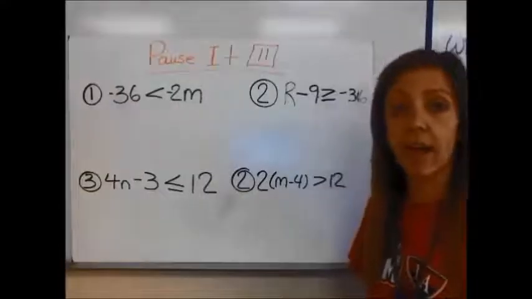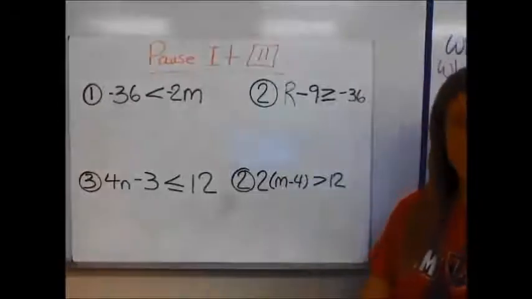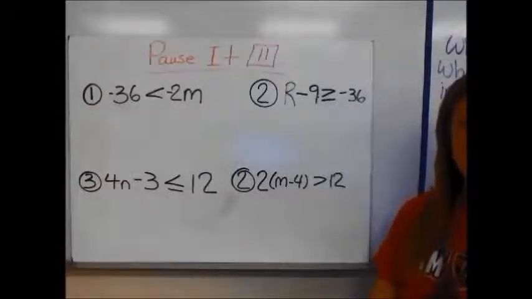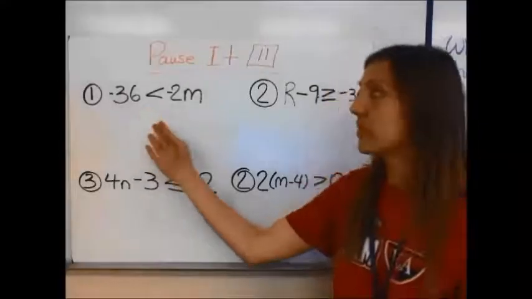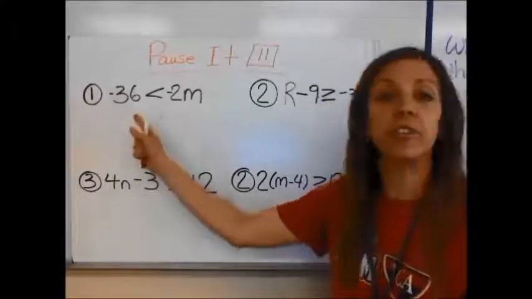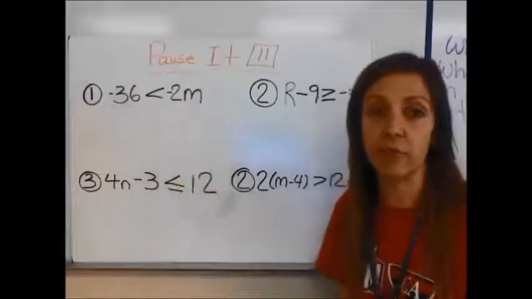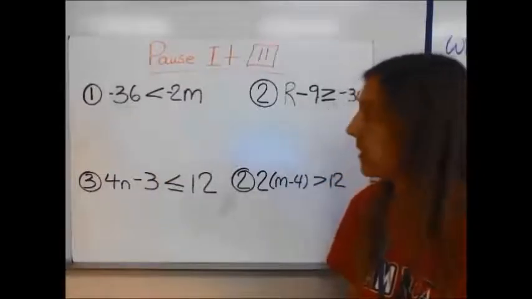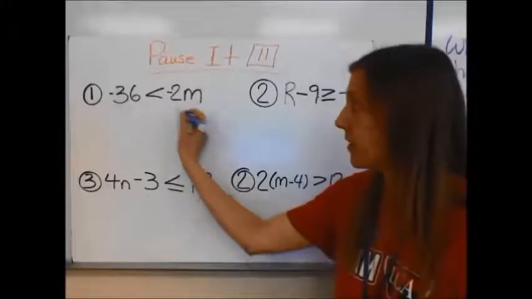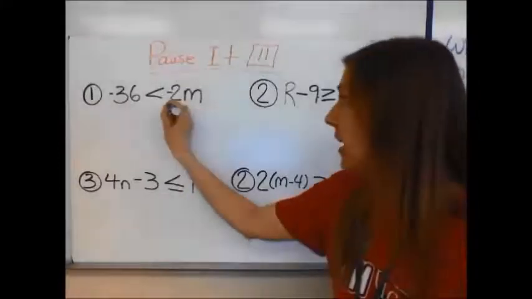I want you to try these out. Let's start with number 1. Negative 36 is less than negative 2m. I am going to begin on the side where the variable is, which is the right.